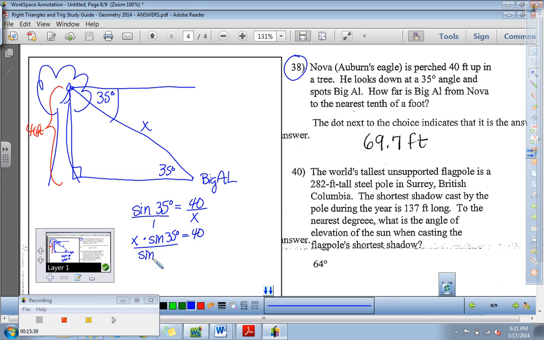Divide both sides by the sine of 35. When you do 40 divided by the sine of 35, you should get 69.7 feet.